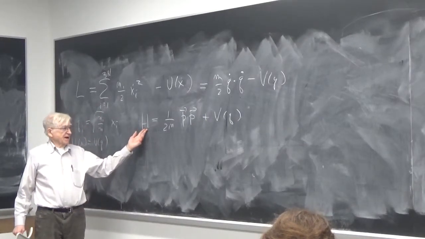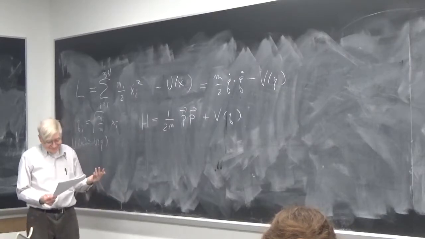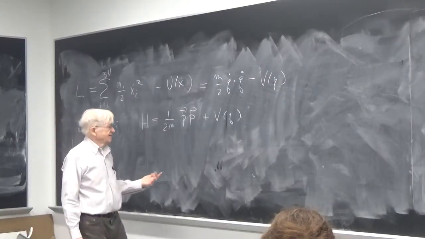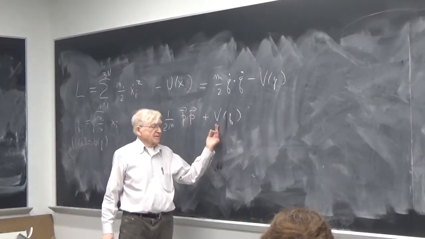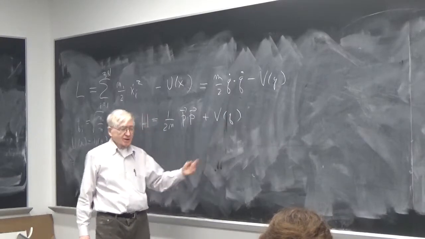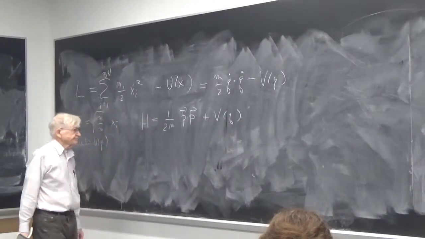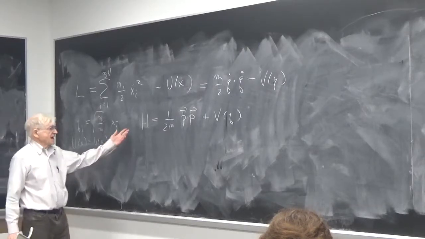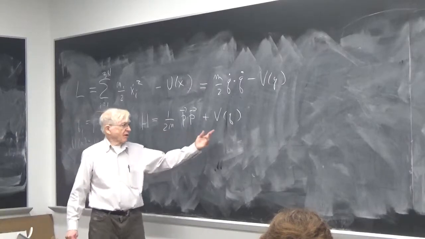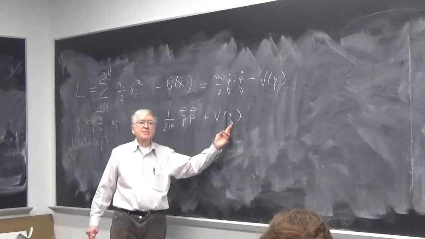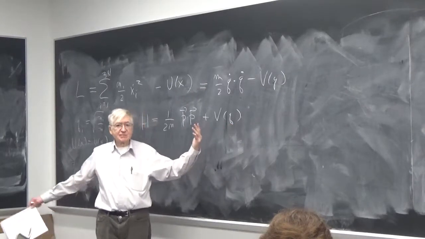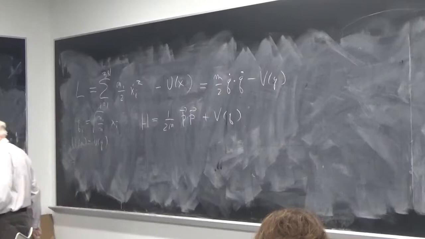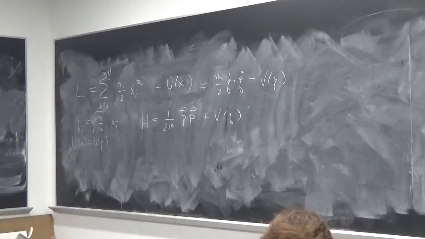So this is time independent, and for nice problems, this V of q has a minimum. And of course the minimum of the Hamiltonian then is p equals 0, and q is wherever the minimum of V is. Of course V might not have a minimum, but in nice physical problems, V does have a minimum.